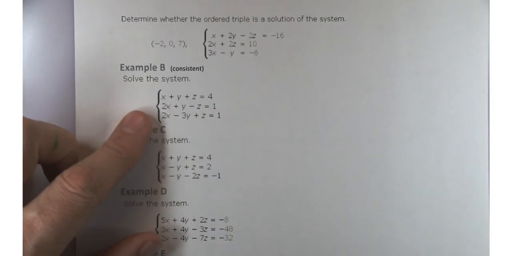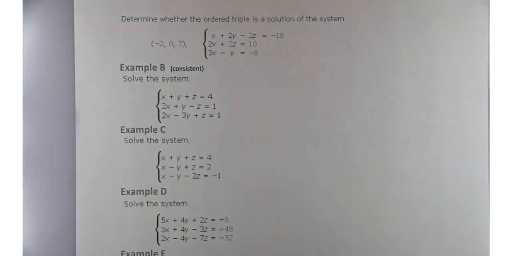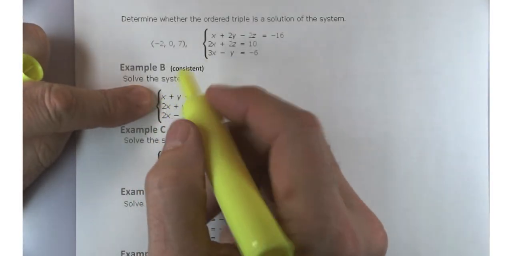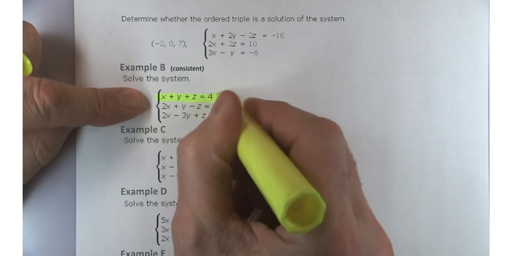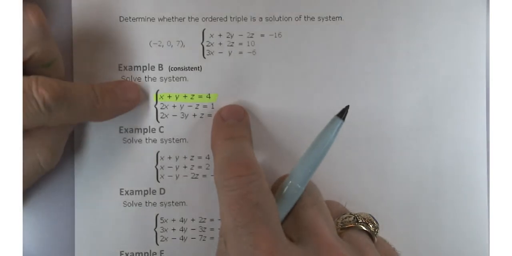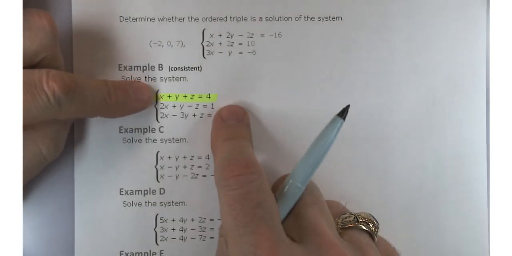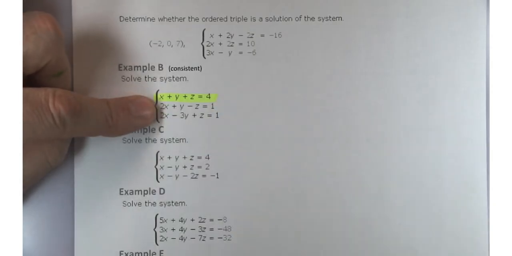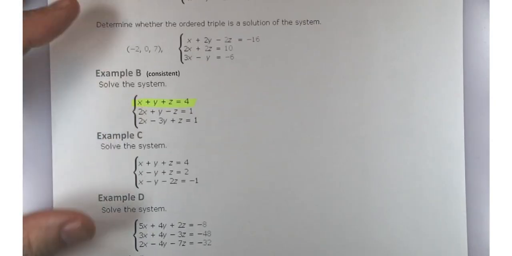So what I look for when I say I'm going to use one equation to eliminate a variable from the other two, try and find something that has a coefficient of 1 or -1 to use for your elimination. Now, there's a lot of good choices here. You don't always have to choose the first equation. You can choose a second or a third, and you can reorder the equations. It doesn't matter what order you have these things in. So let's take a look at this first equation. If I'm going to multiply this by something and add it to the next equation to eliminate that 2x, what should I multiply by? -2.